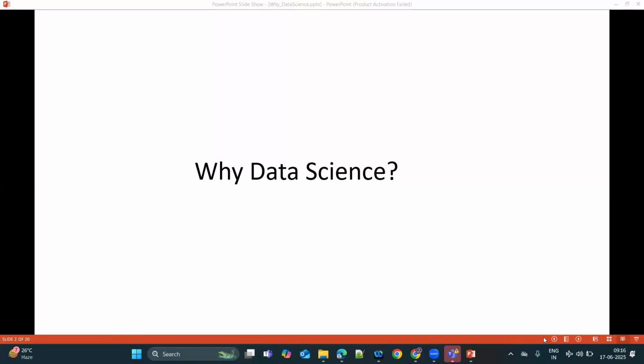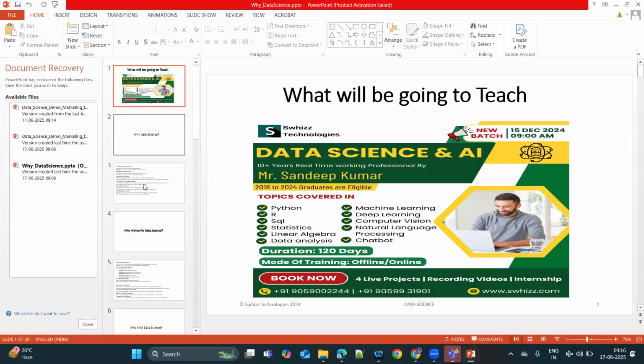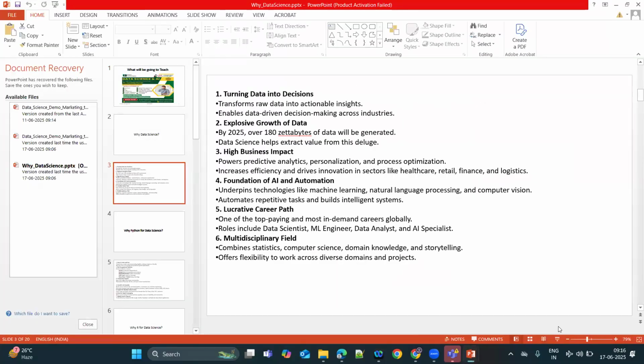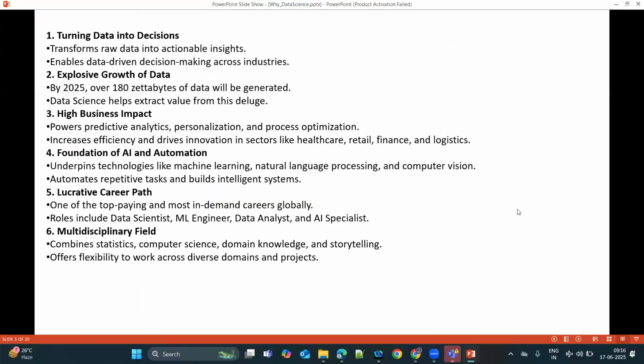As I told you, we have a plenty and very large amount of data, and if we utilize the data in a proper way, we can even do miracles. That is the reason.